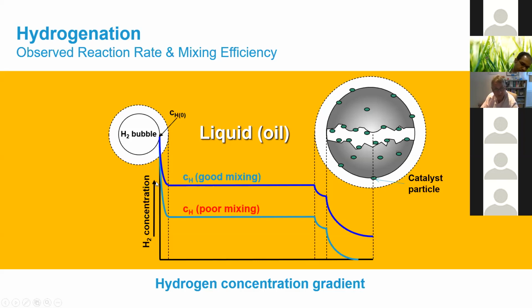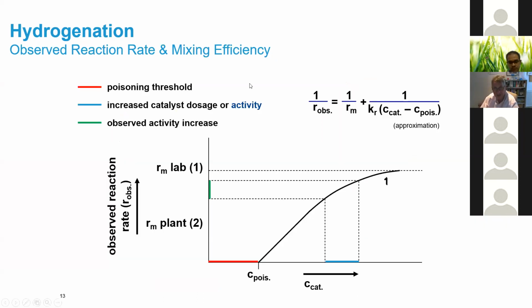And here's what happens to your hydrogen concentration as the hydrogen tries to get inside the catalyst particle. With good mixing, you even see quite a large drop off. With poor mixing, you're going to have a problem. So it is very important to measure the mixing and optimize the mixing inside a hydrogenation reactor.